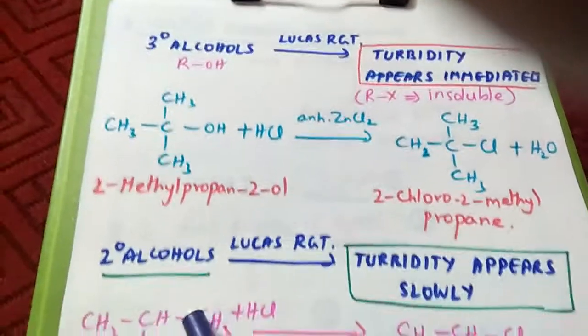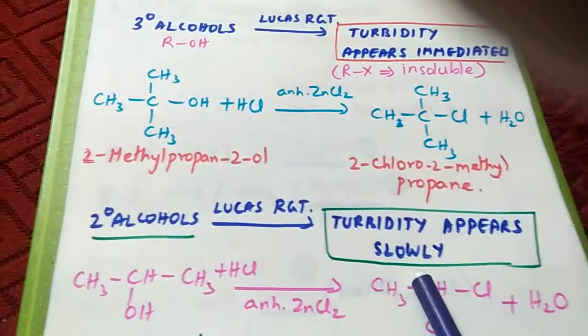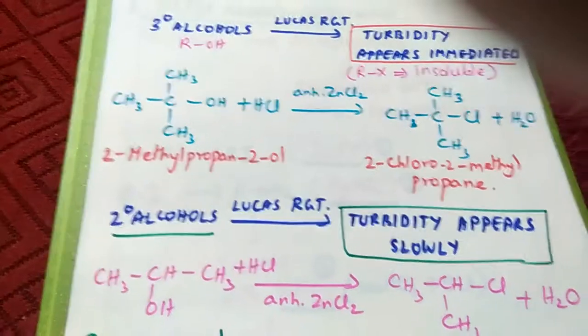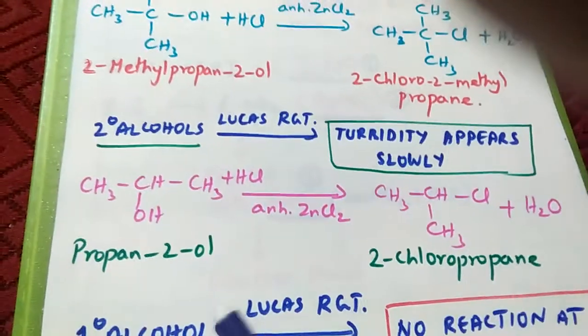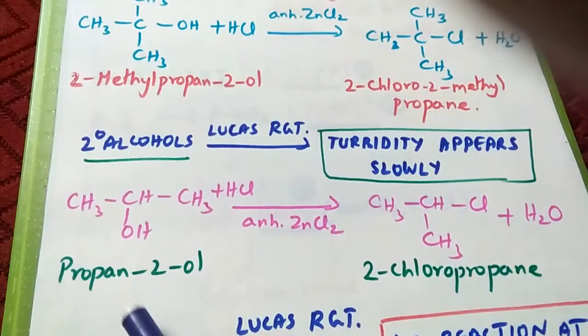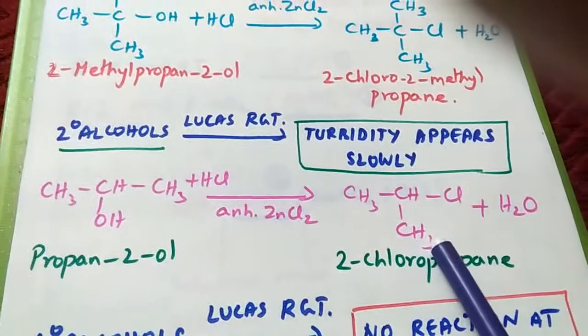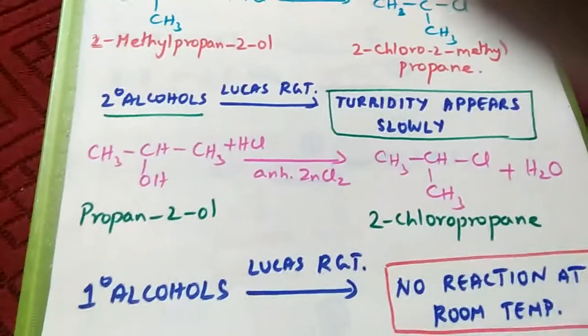In the case of secondary alcohol with Lucas reagent, the turbidity appears only slowly, after 5 to 10 minutes. Not like tertiary alcohol, the turbidity will not appear immediately. For example, propan-2-ol when treated with concentrated HCl and anhydrous zinc chloride, that is Lucas reagent, forms 2-chloropropane and water.